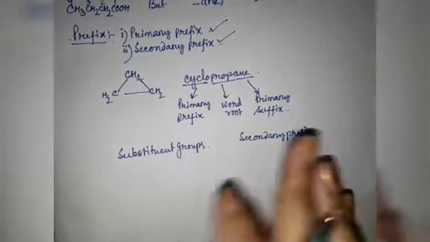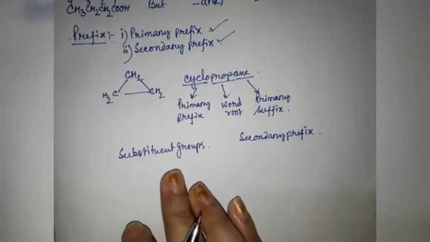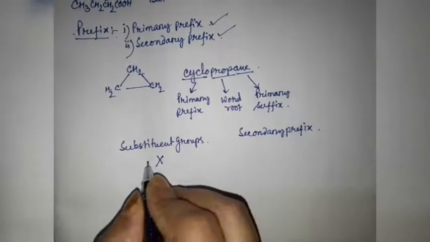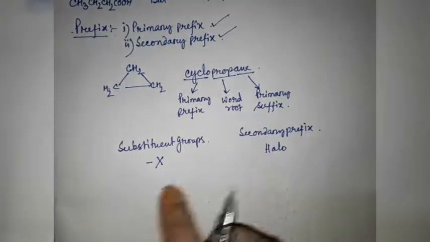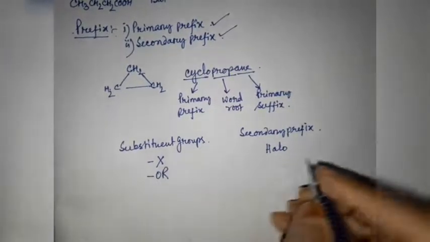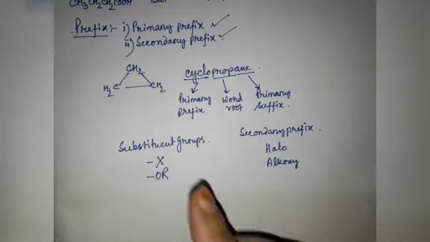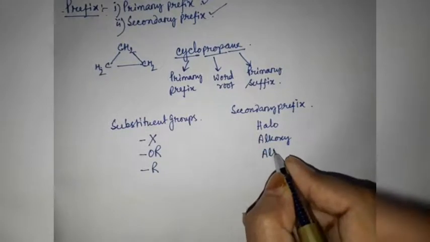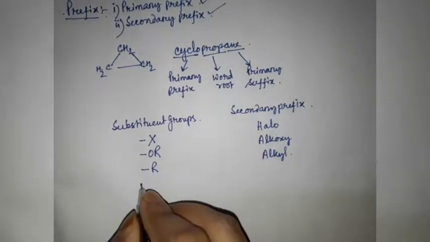Okay, they are added just before the word root or the primary prefix in case of acyclic compounds, in alphabetical order. So suppose one halogen is there, so it is called halo. That can be fluoro, chloro, bromo, iodo, or OR group, that is alkoxy. That can be methoxy, ethoxy, and so on, or any R group. Okay, so it can be alkyl group, that can be methyl, ethyl, and so on.